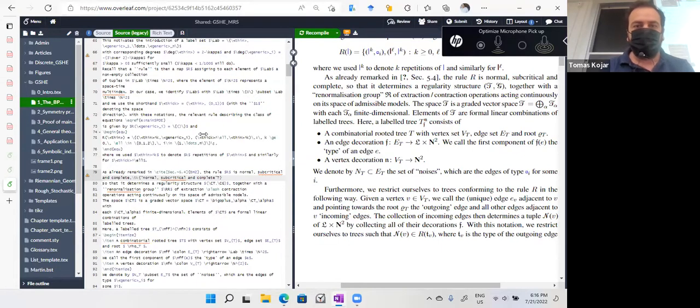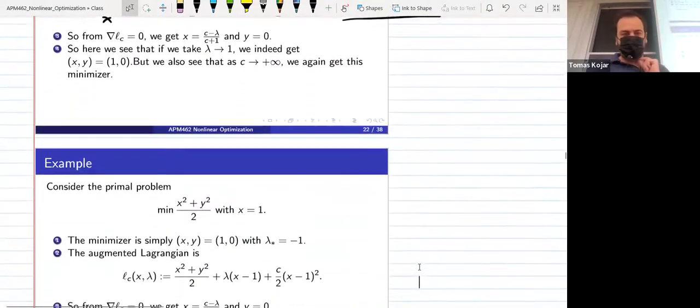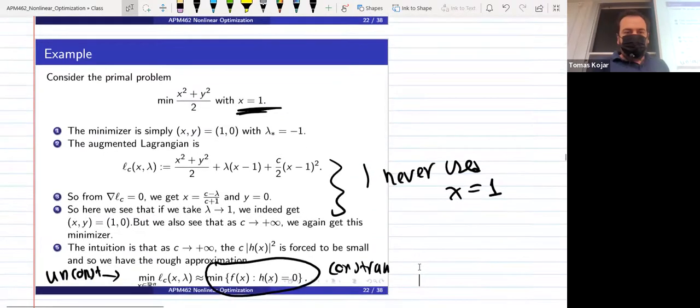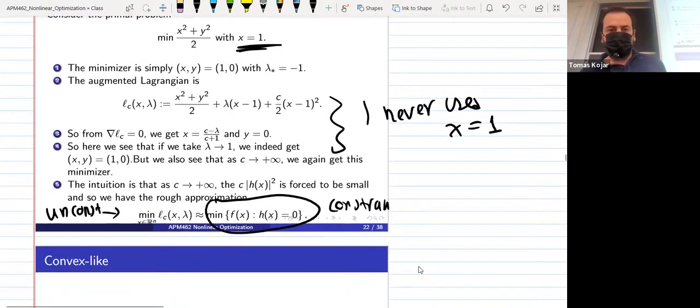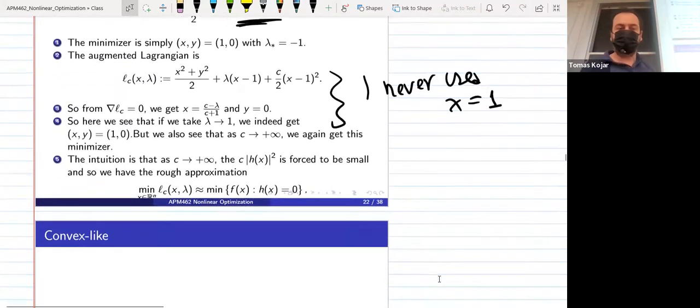Good. So we have the following formula. The minimizer of the unconstrained problem is about equal to the constraint problem. Okay. All right. So now I have to prove this statement.